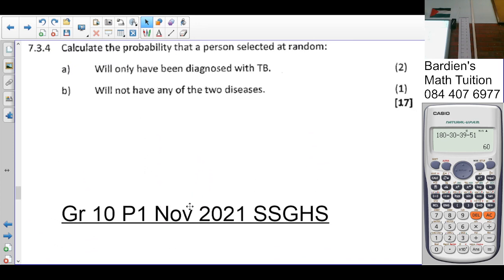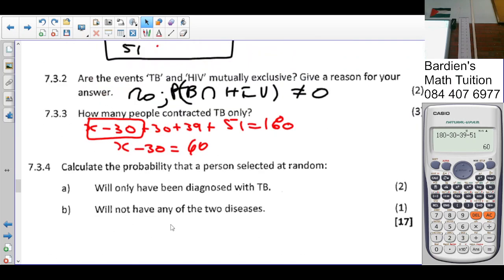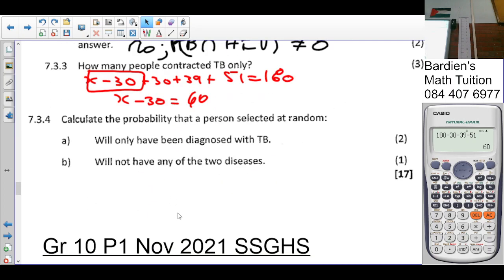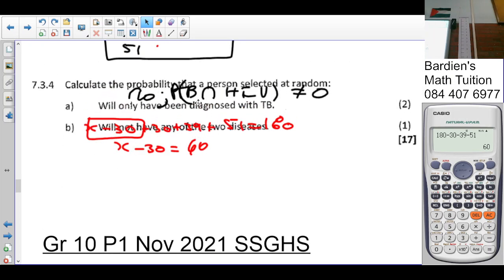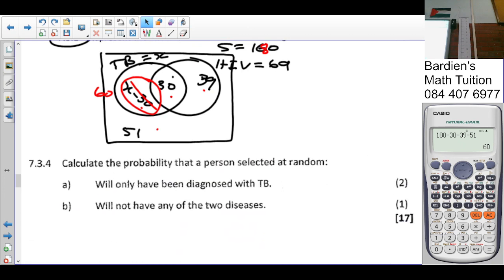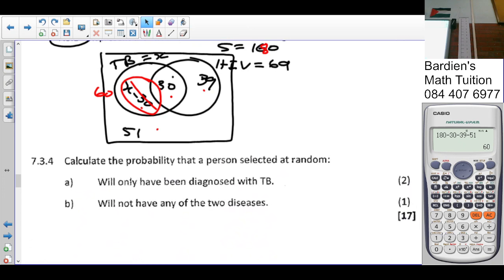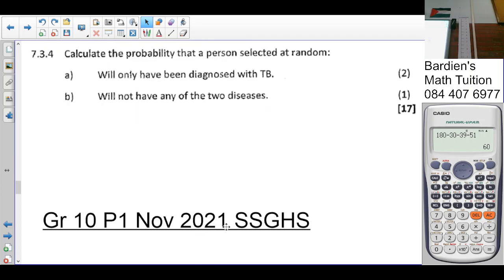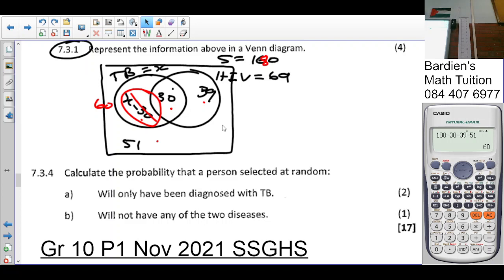Calculate the probability that the person selected at random. Okay, so we're still on this question. We're calculating the probability that the person selected at random will only have been diagnosed with TB.